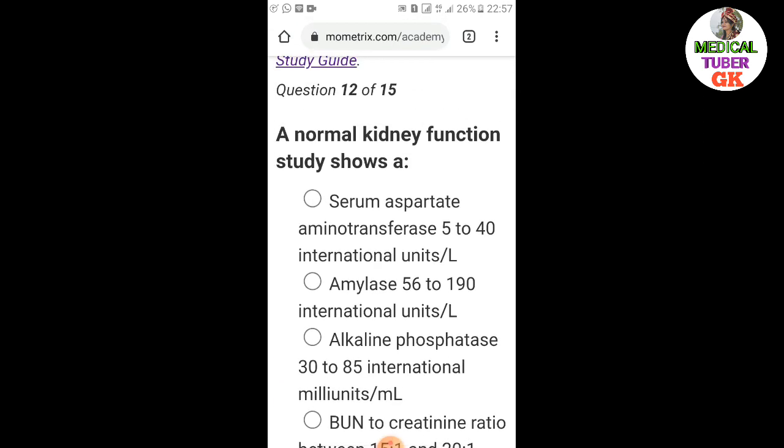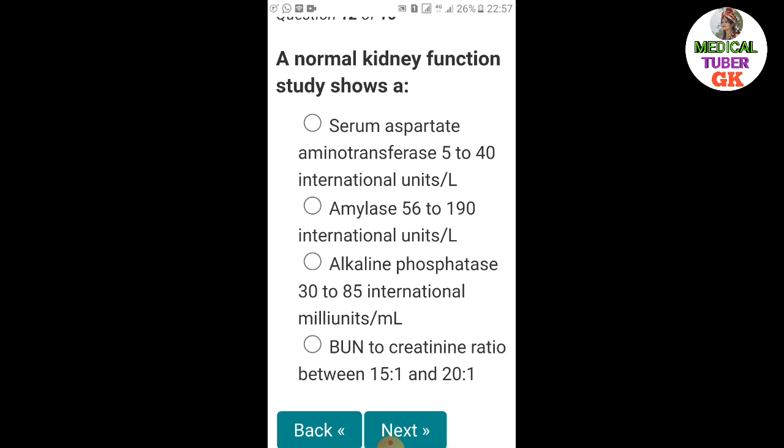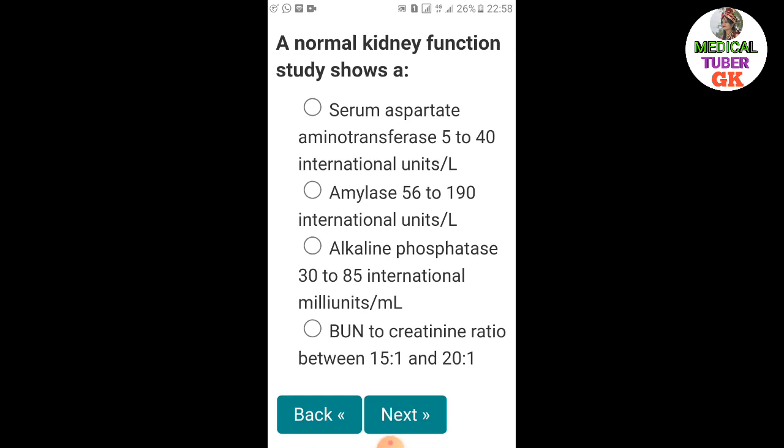Next question. A normal kidney function study known as serum aspartate aminotransferase 5 to 40 international units per liter, amylase 56 to 190 international units per liter, alkaline phosphatase 30 to 85 international milliunits per ml, and BUN to creatinine ratio between 15:1 and 20:1.